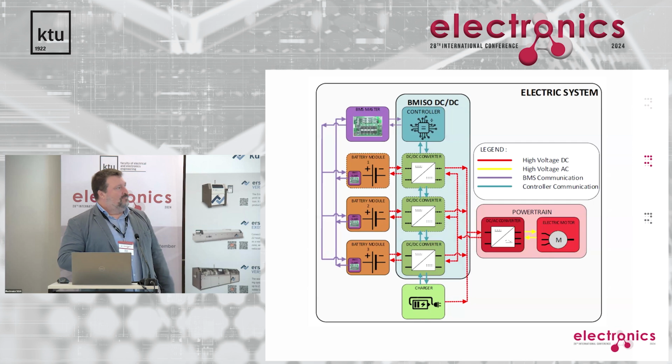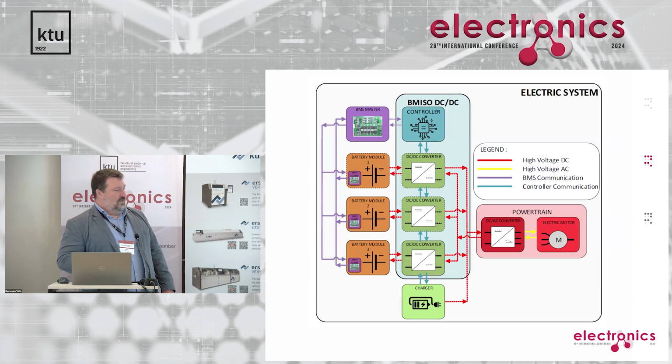So we have a single output, to the powertrain, to the DC-DC converter to the motor or to other systems of the vehicle, and multiple inputs from batteries. So those are electrical connections, and this is communication.